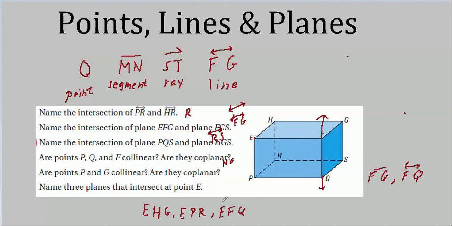Now, when I label these, any 3 points are sufficient to label the plane. So I could have called this one HGF, or EPR, I could have labeled PRH. I just stuck the E in all of them to make it totally obvious that E is a common point amongst all these planes.